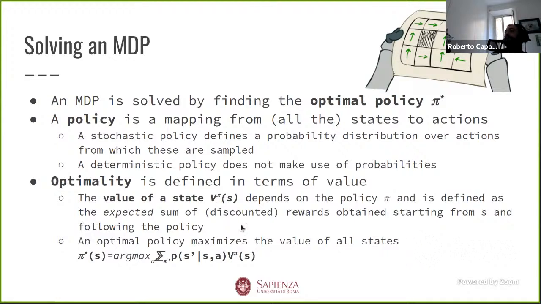So why does it depend on the policy? Because of course, if you have a policy that never selects some action, then for estimating the value of a certain state, you will have to take into account that you will never go there.